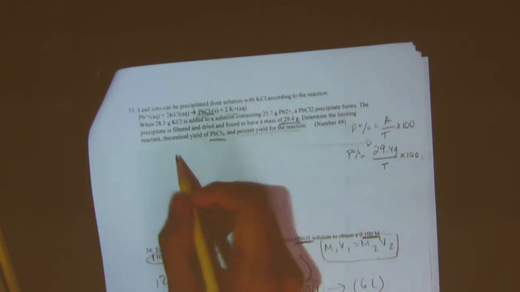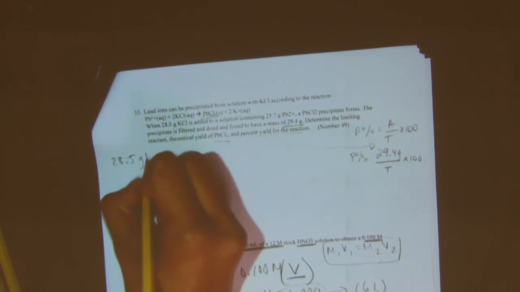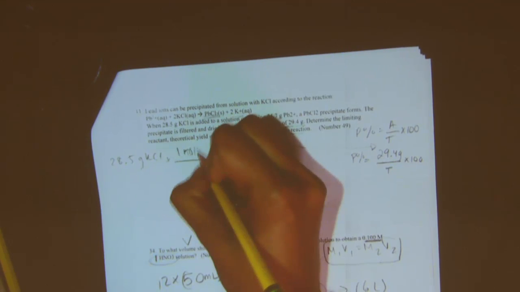Okay, so let's find the limiting reactant. How do we find the limiting reactant? Can someone help me set it up? I have 28.5 grams of KCl. What do I do with that? Okay, so convert it to moles, right? So 1 mole of KCl. How many grams are in 1 mole of KCl? Does anyone know?